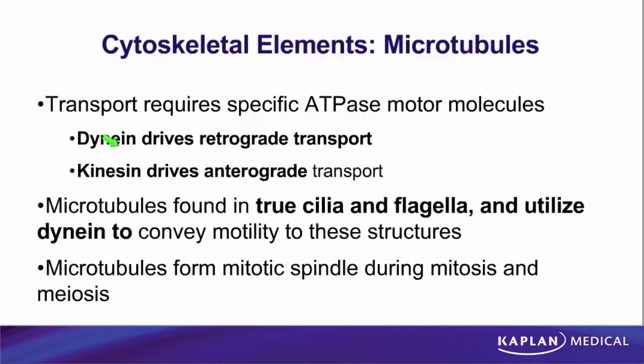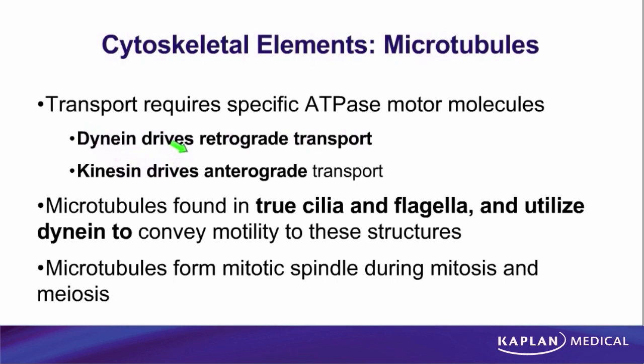For example, in neurons, we will have two different motor molecules, one called kinesin for anterograde flow from the cell body to the axon terminal, and dynein for retrograde transport from the axon terminal back to the cell body. But the point is that you have these ATPase motor molecules associated with microtubules.